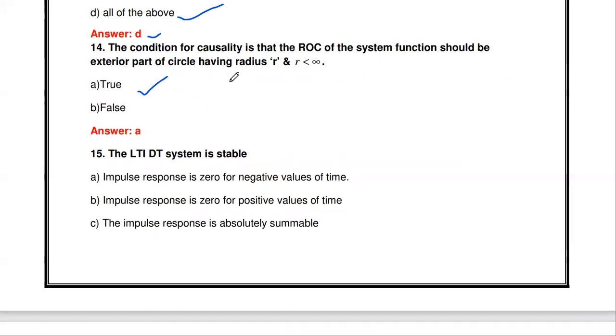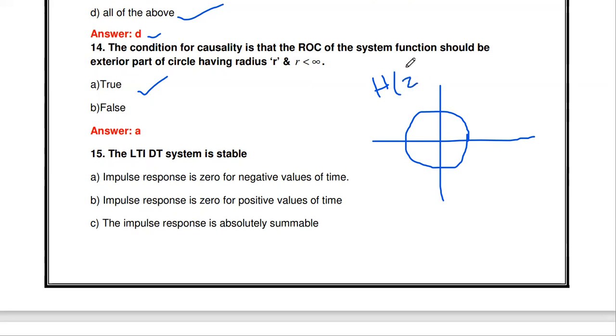If we want to check whether the given system is causal in terms of ROC, for a system transfer function H of z, if you draw the ROC diagram and the ROC is the exterior part of a circle having some radius r, then the system is said to be causal. It's true. If the ROC is the interior part of the circle, the system is an anti-causal system. So it's true.